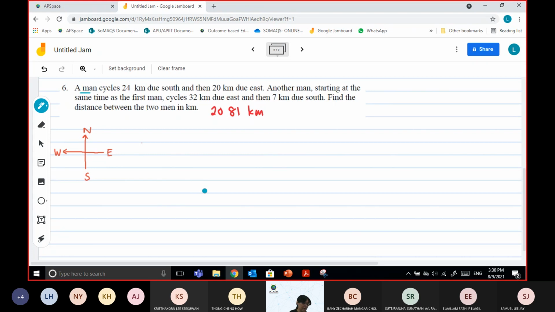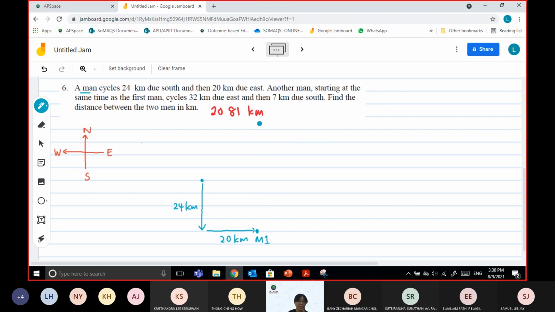So let's say start from here, then 24 km to the south, then 20 km to the east. So this is his location, for the first man, let's say man number 1.